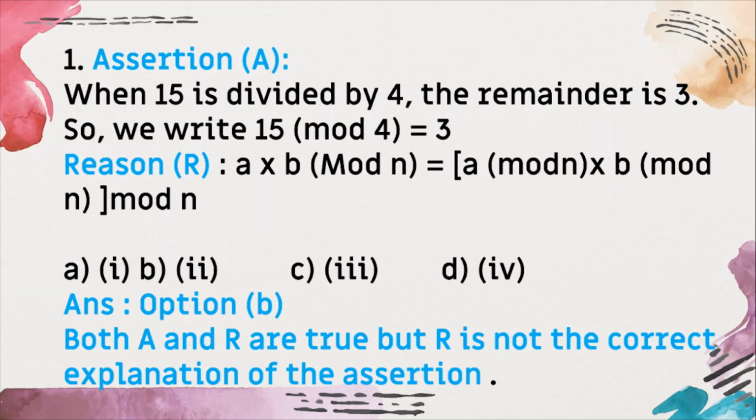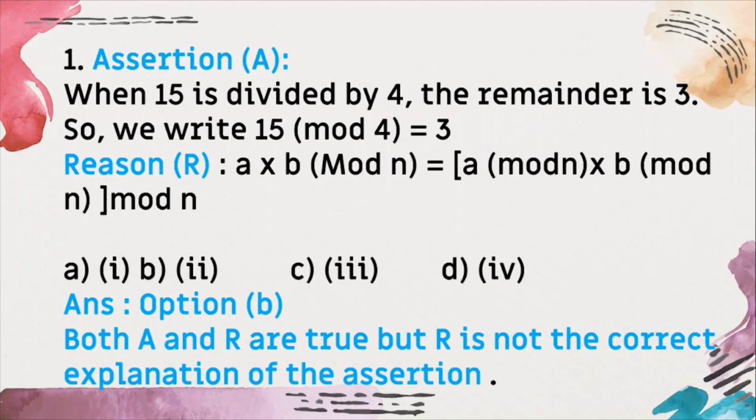Assertion: yes, when I divide 15 by 4, I am getting a remainder 3. Assertion is true, but it is an individual statement. It is just a direct modulus. Reason is also a modulus statement, but it explains the multiplication property.